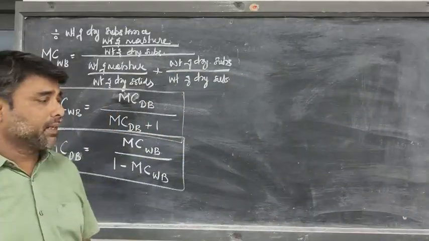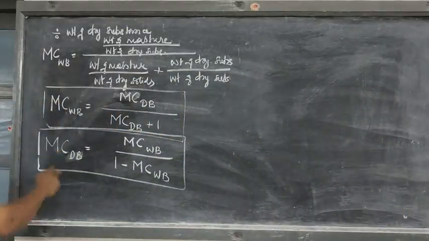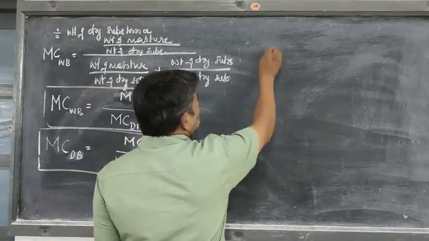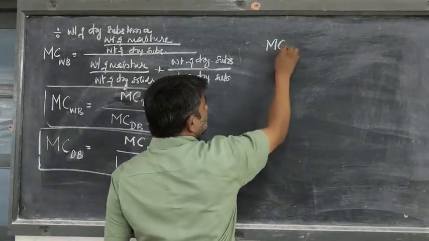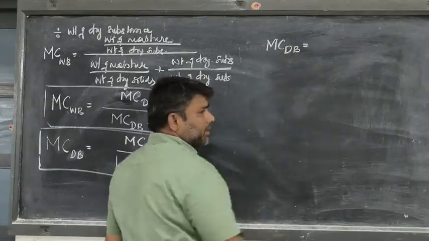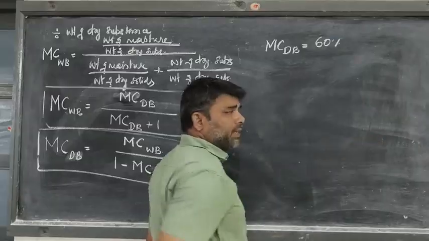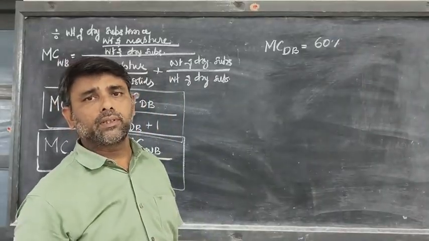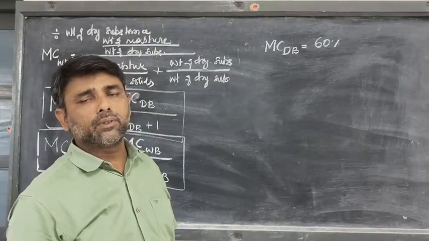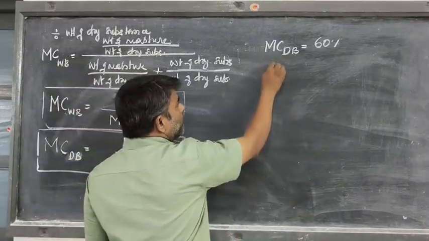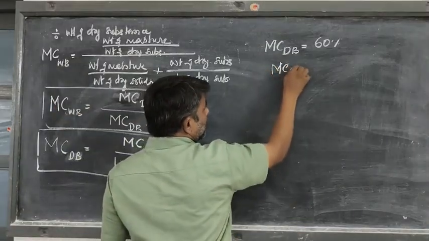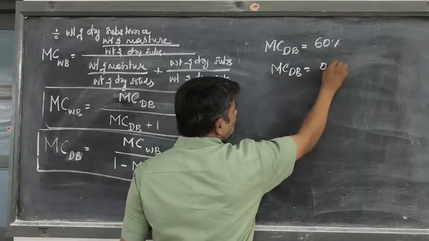Okay, if moisture content on dry basis is given as 60%, always moisture will be a fraction. It is represented multiplied by 100 in terms of percentage, 60%. So moisture content on dry basis is equal to 0.6.